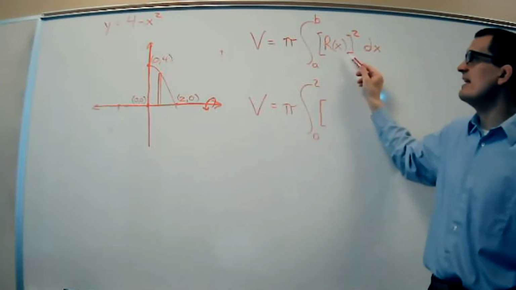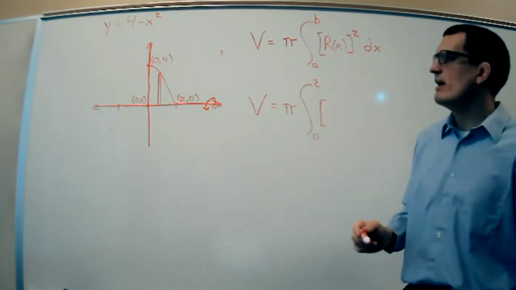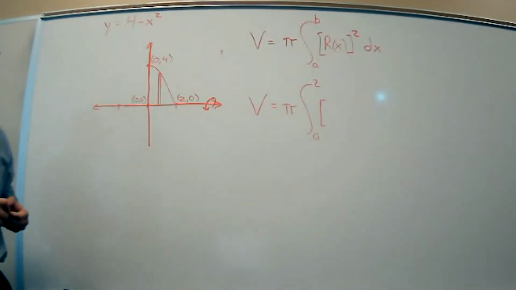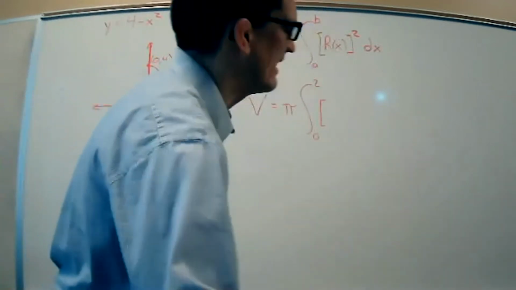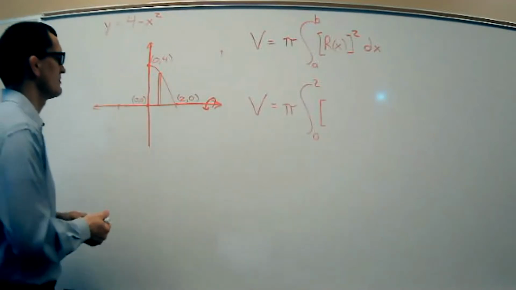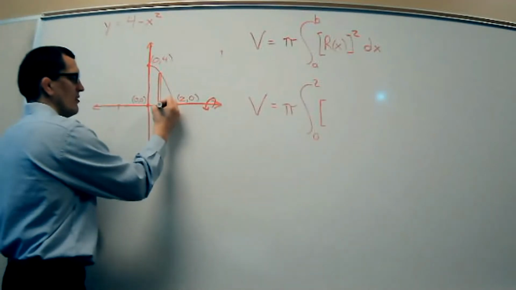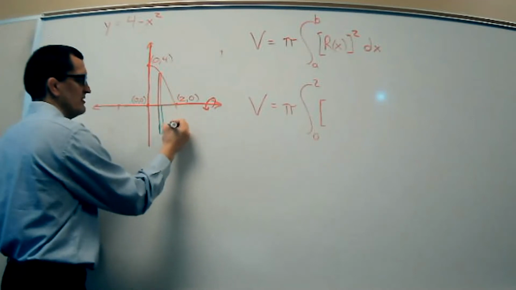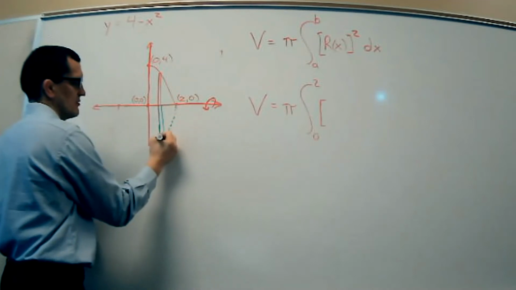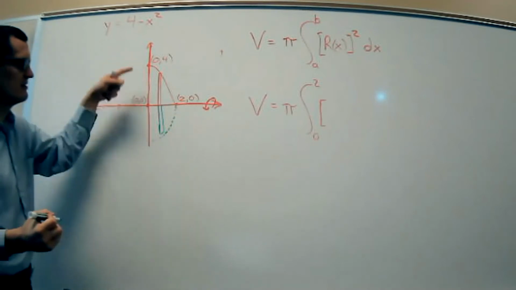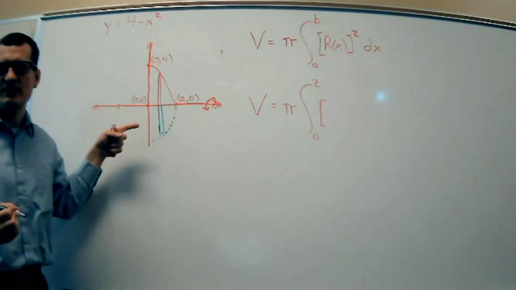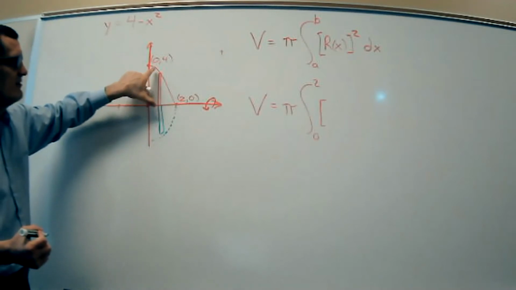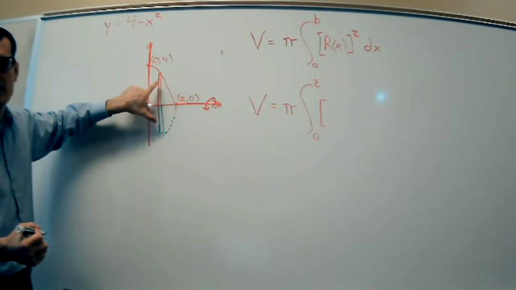Now, what about the radius? Well, if you think about rotating this and creating a disk, what that rectangle is, it'll have, I call it a ghost image. Once you rotate it, it's going to have a mirror image on the other side. But notice the size of the disk that we're creating.